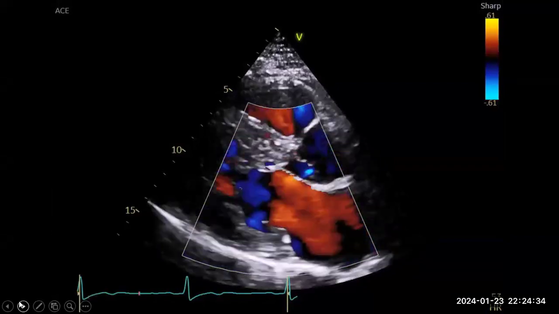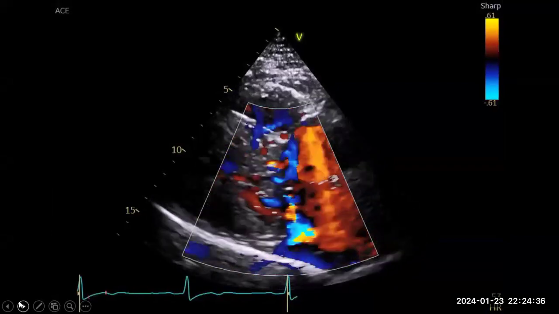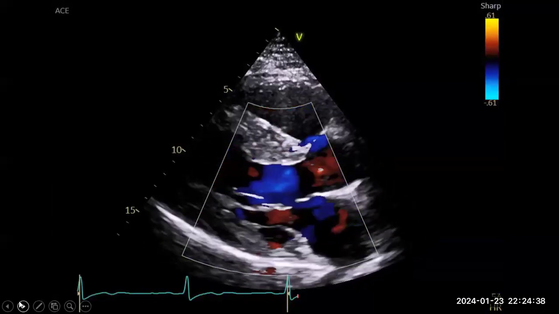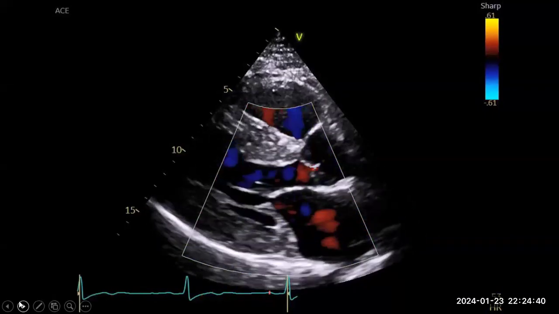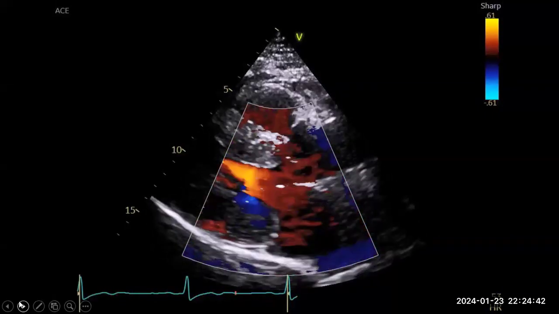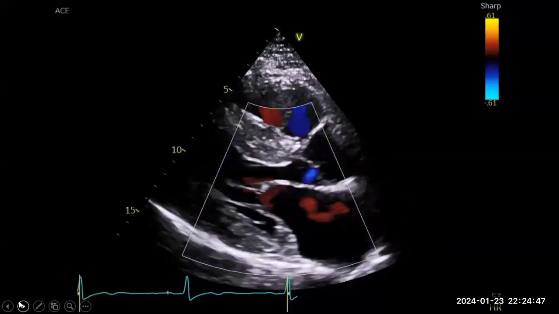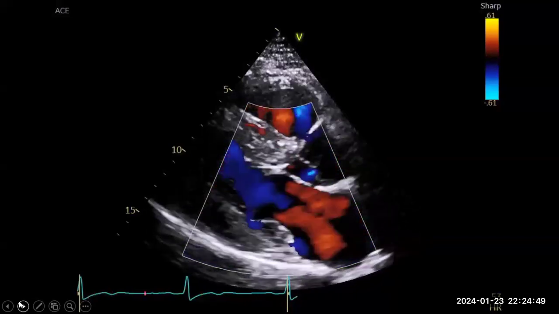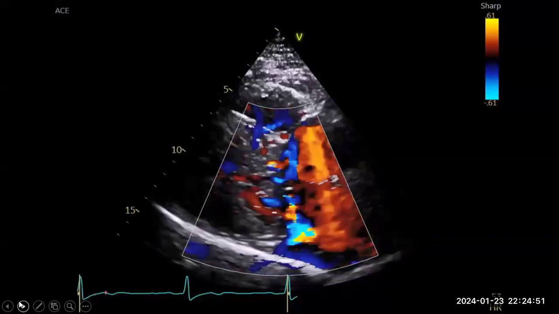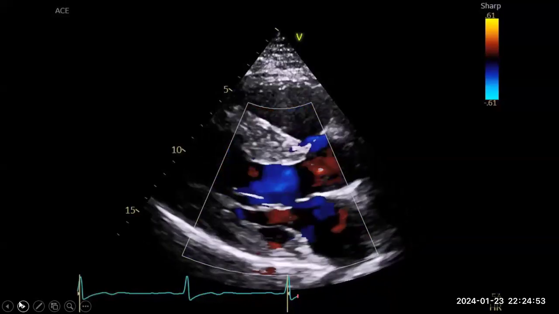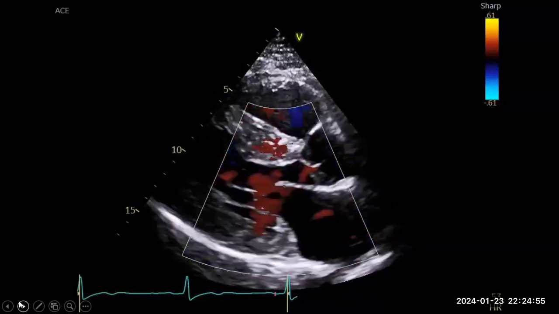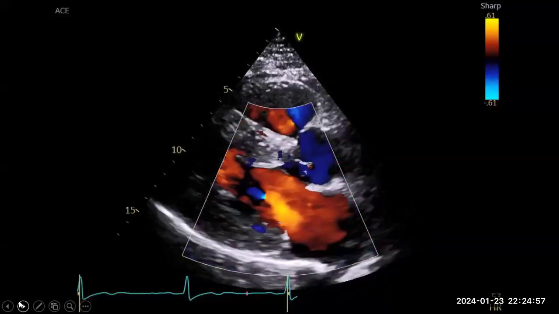There is an MR. Okay. Also, there is flow acceleration in the LVOT. Right, excellent. What else? It means LVOT obstruction, and dilated aortic sinus. Not much. Right.